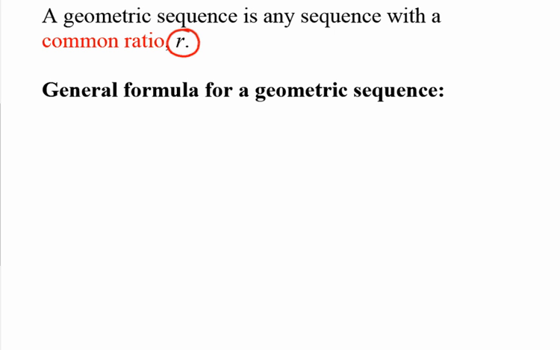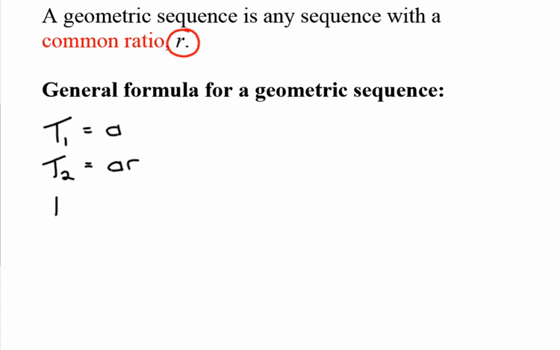So we know that the first term, T1, is A. Now I've already told you that the common ratio is R, and that we need to multiply by R to get the next term, which would mean that the second term, T2, is A times R.